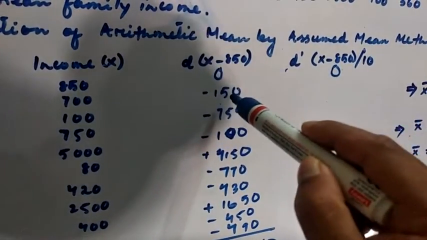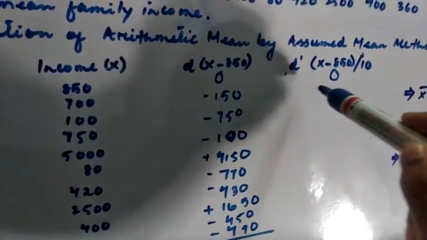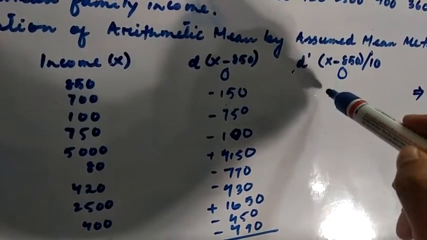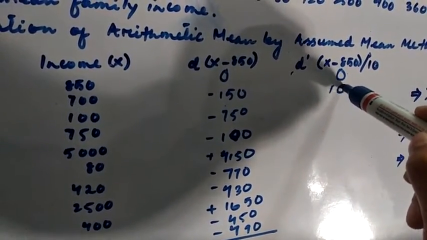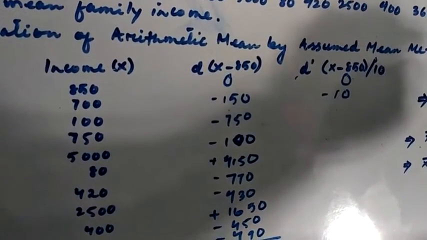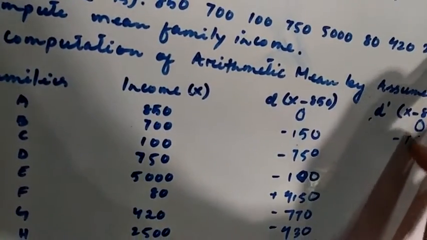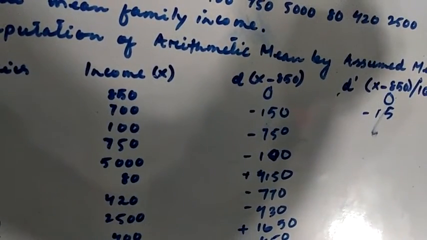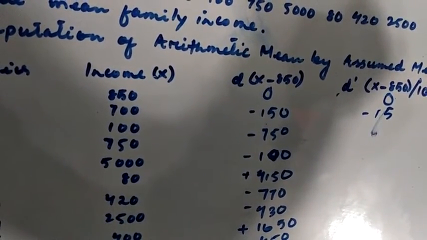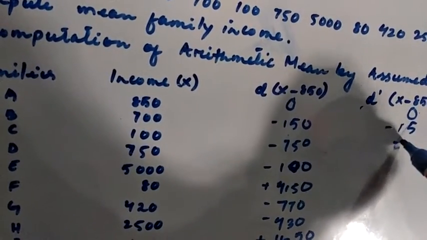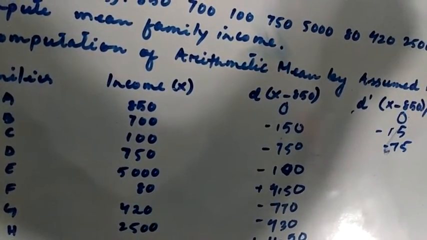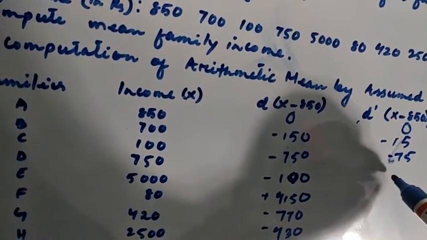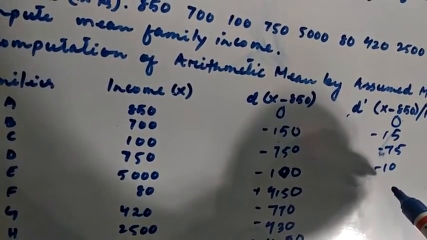Minus 150 divided by 10 is minus 15. Minus 750 divided by 10 is minus 75. And then minus 100 divided by 10 is minus 10.